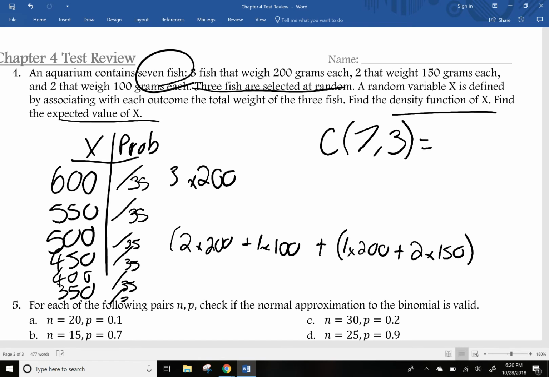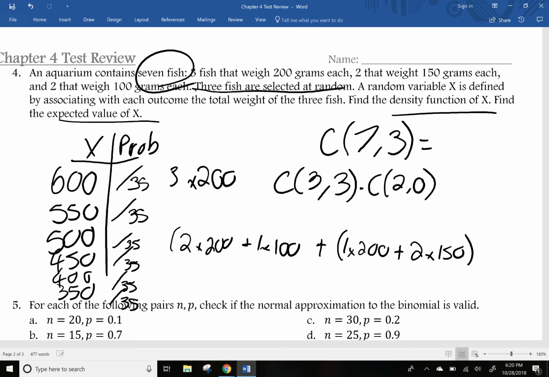Kind of ran out of room. I thought I made this big enough for the problem, but I clearly didn't. So 600 grams is 3 of the 200 ones. So that's a combination of, there are 3 200-gram fish, and you're choosing all 3 of them, multiplied by the combination of the two 150, but you're choosing none of those, and the combination of the two that are 100, but you're choosing none of those as well.